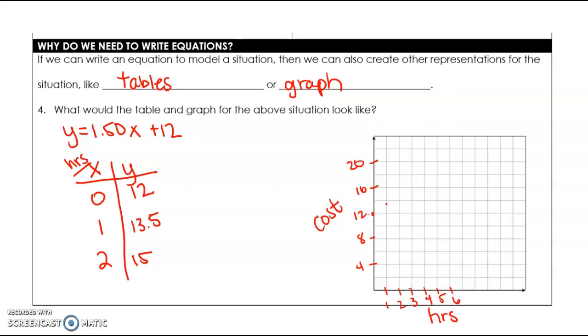Because that would just make life too easy. And for 2 hours, it would cost me about $15. And we know that it is going to be a linear equation because that is what y equals mx plus b is. We know that the slope is going to be positive because the more time we rent it for, the cost is going to go up.